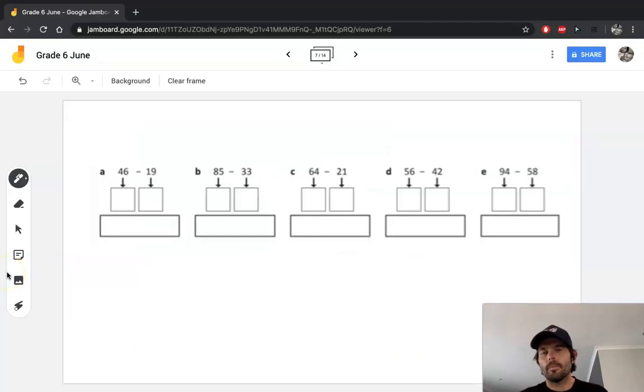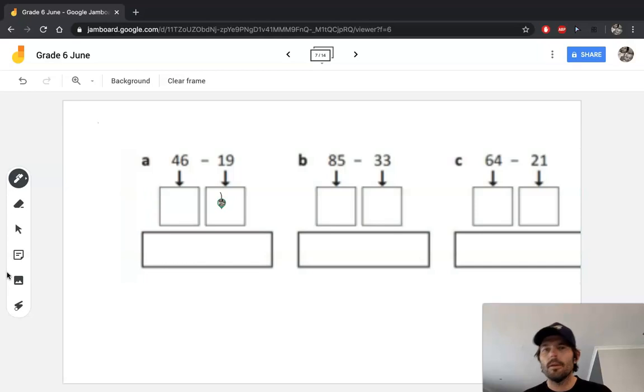For A, remember we wanted to bump the second number up or down to a multiple of 10. So what do I do for A? I'm going to add 1 to 19 so that it becomes 20. And remember we said we would do the same to both numbers. So that's now 47 minus 20.